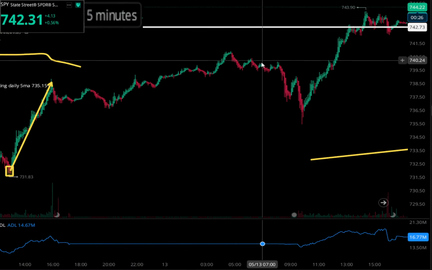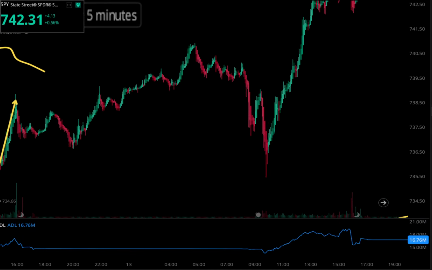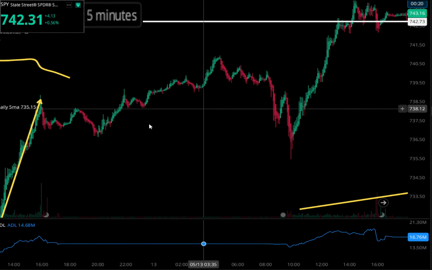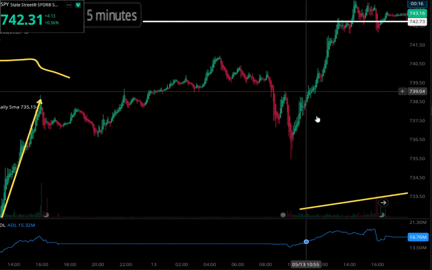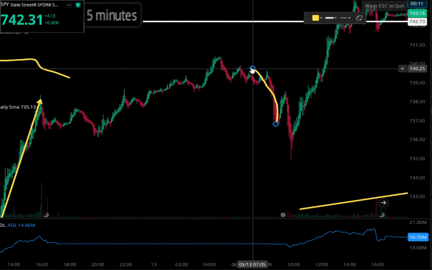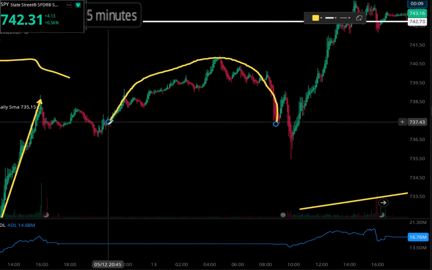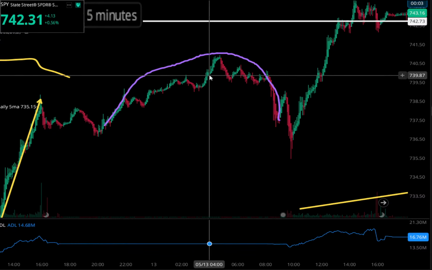So we have the 5 minute time frame, and this is the SPY. We see that between yesterday's close to today's very early open, we saw this structure. Now, this was a guaranteed inverse cup.